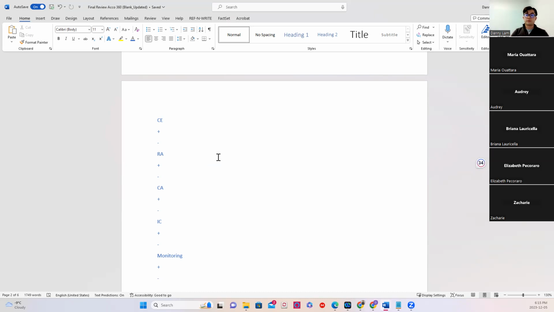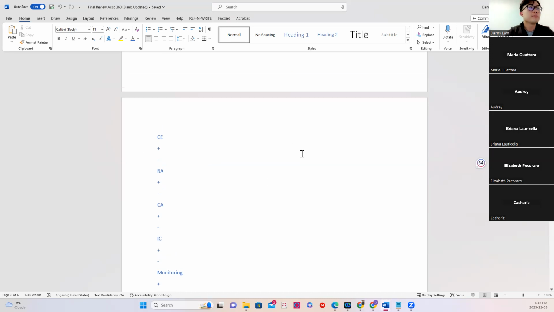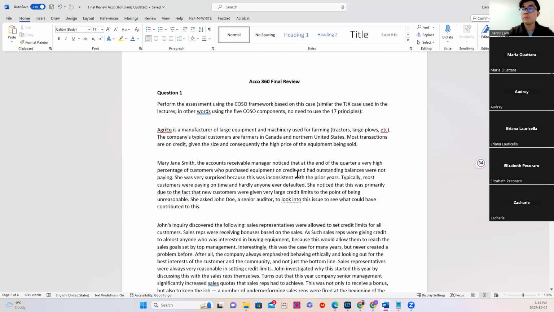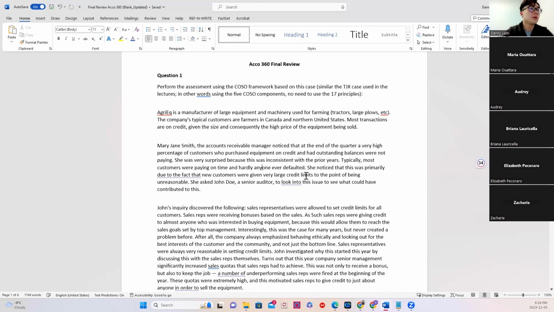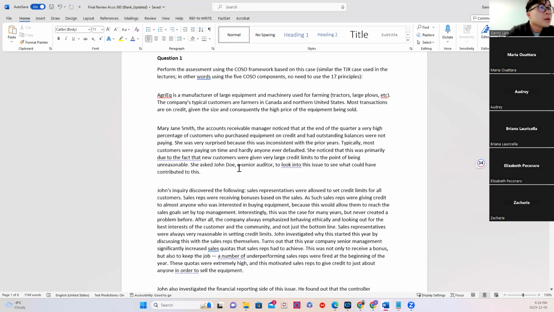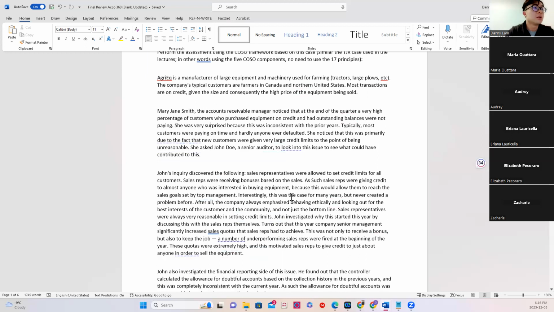They mentioned that they always emphasize behaving ethically and looking out for the best interests of the customer and the community, not just the bottom line. Exactly. It's in the paragraph right below, yeah. Okay. Right.